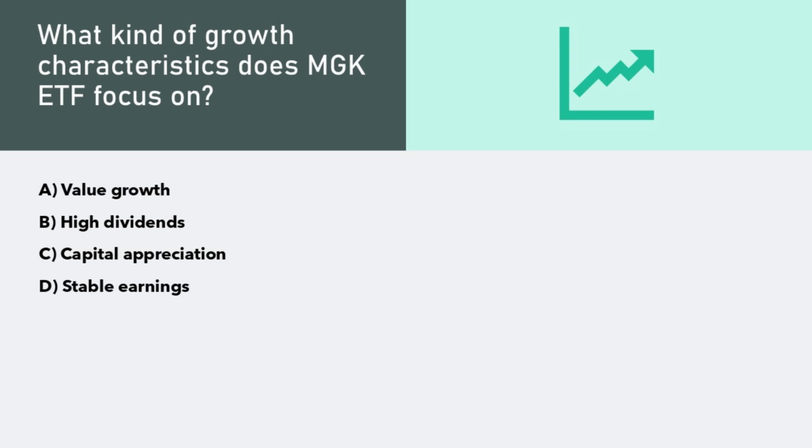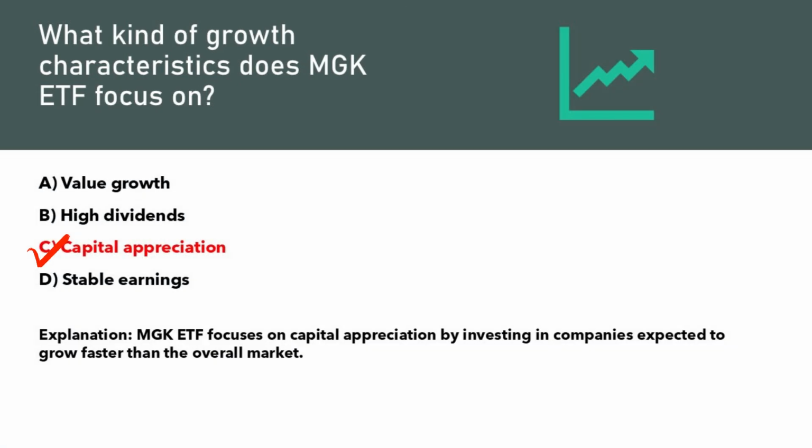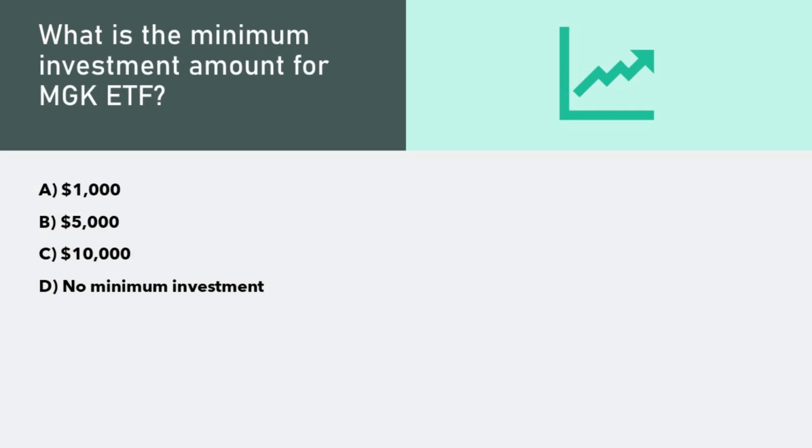What kind of growth characteristics does MGK ETF focus on? Answer: C. Capital appreciation. Explanation: MGK ETF focuses on capital appreciation by investing in companies expected to grow faster than the overall market. What is the minimum investment amount for MGK ETF?